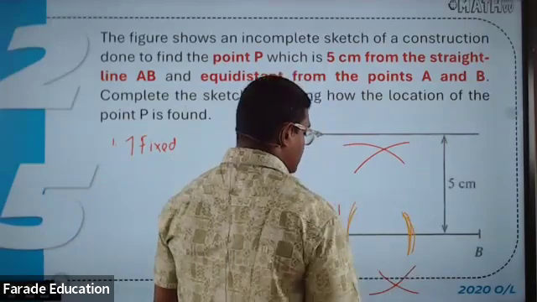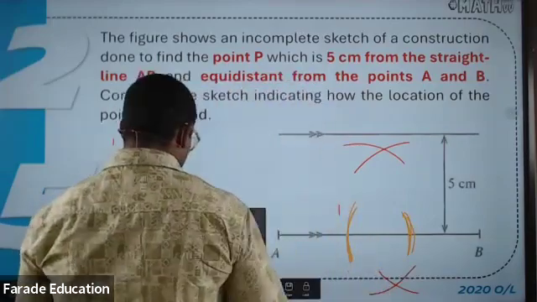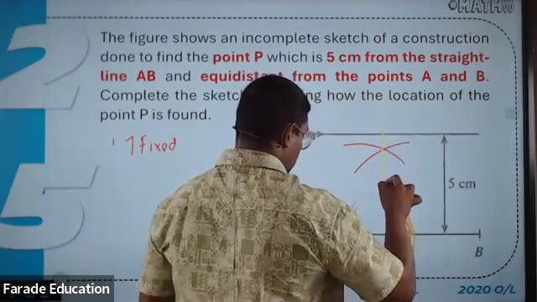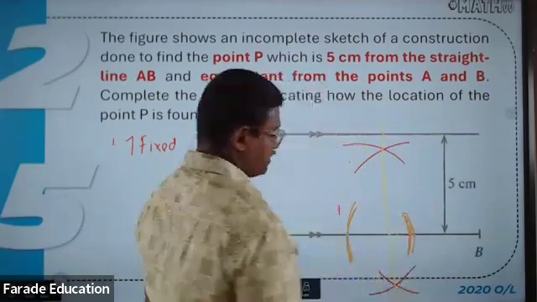You just cut like this. Then what you do is you connect these two points with a straight line.